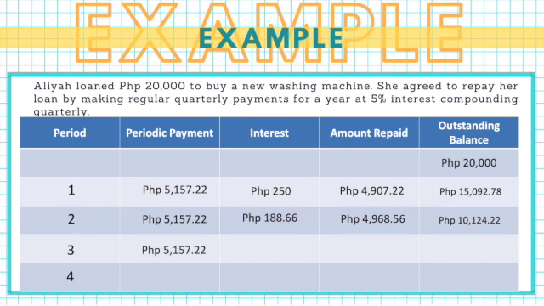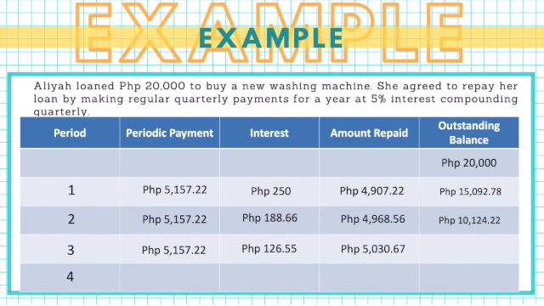On the third period, again, she will have to pay 5,157 and 22 centavos. The interest is 126.55 pesos. You get this by multiplying the previous balance, 10,124.22, by the rate 0.05 divided by 4. Next, amount repaid.